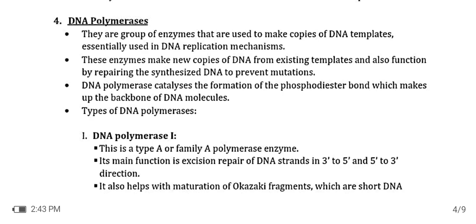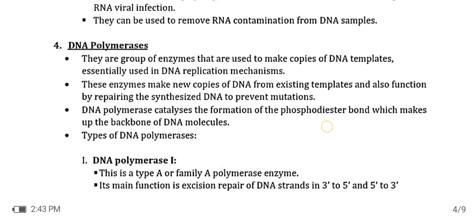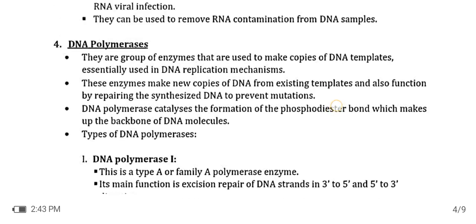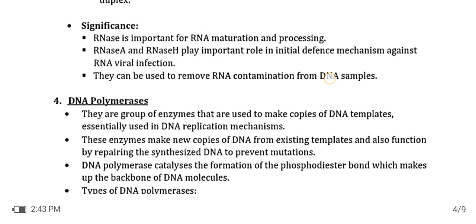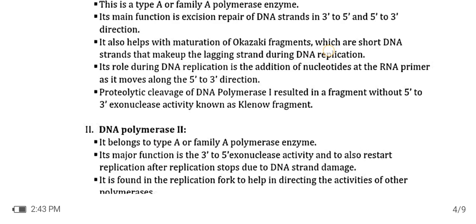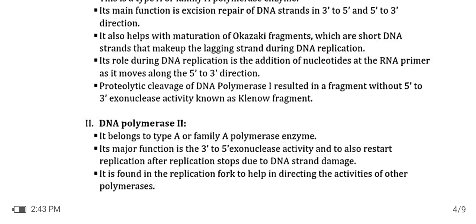Types of DNA polymerase. 1. This is a type A or family A polymerase enzyme. Its main function is excision repair of DNA strands in 5' to 3', 3' to 5', and 5' to 3' direction. It also helps in the maturation of Okazaki fragments, which are short DNA strands that make up the lagging strand during DNA replication.